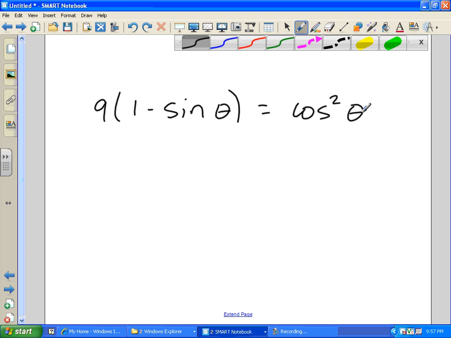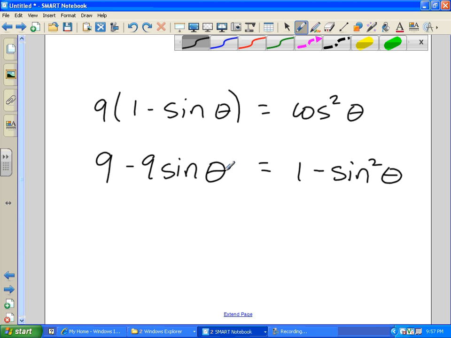Okay, so let's see how we did on this one. For cosine squared, what we should have done was made the substitution of writing 1 minus sine squared. And so now our equation only has sines in it, instead of a cosine and a sine. Now, hopefully you distributed on the left. So it'll give you 9 minus 9 sine theta.